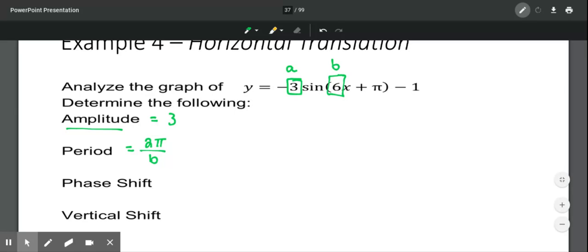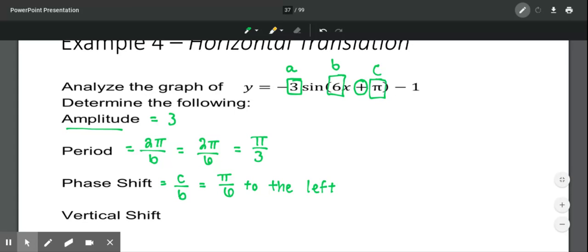So our period is 2 pi over 6, which would be pi over 3. Our phase shift, remember, is C over B. So our C value in this case is pi. So our phase shift is pi over 6, right? And because they tell us it's positive, we know it's actually moving negative. So we would say pi over 6 to the left.